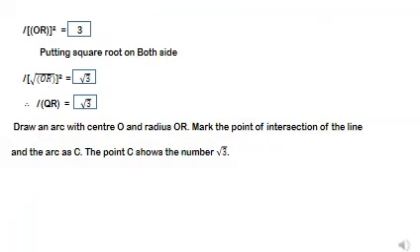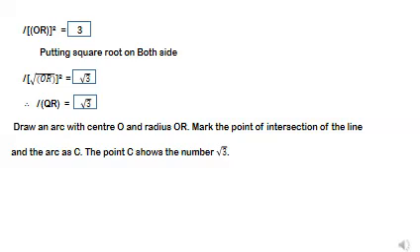So students, here we got the answer of OR square, but we have to find the answer of OR. So we will put square root on both the sides. By putting square root on both the sides, we will get the answer of OR on the left hand side.